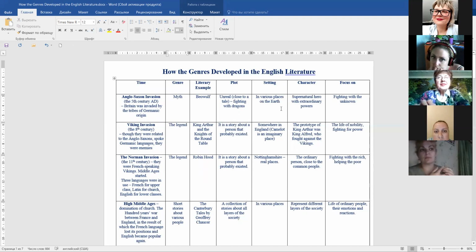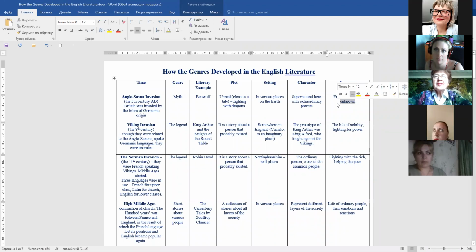If we use the scheme that we've seen, we'll see that it's a very unreal plot. It is set in various places on the earth, but not in England. The character is a supernatural hero with extraordinary powers, and the focus is fighting with the unknown.